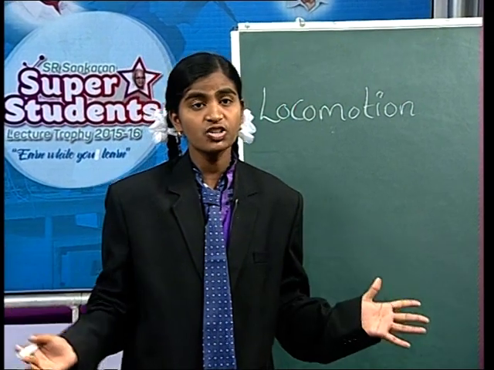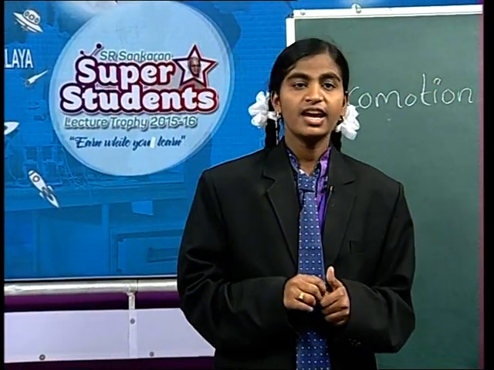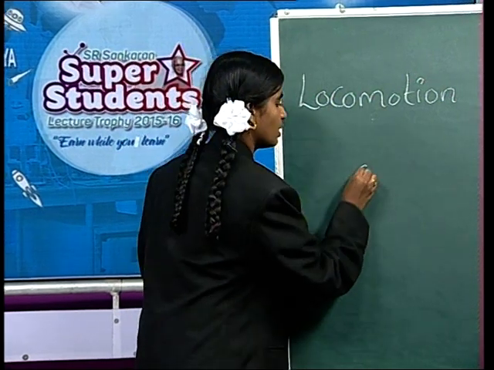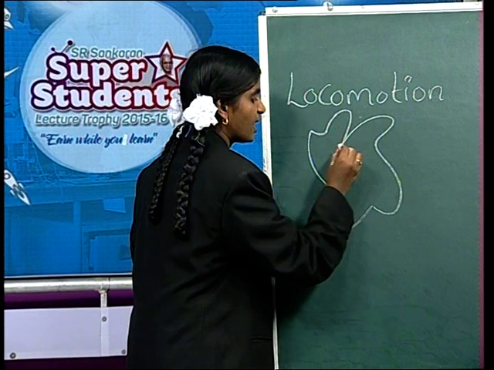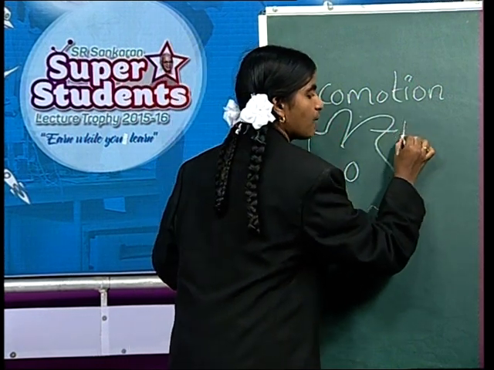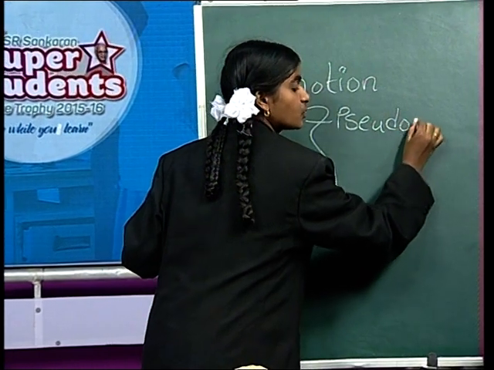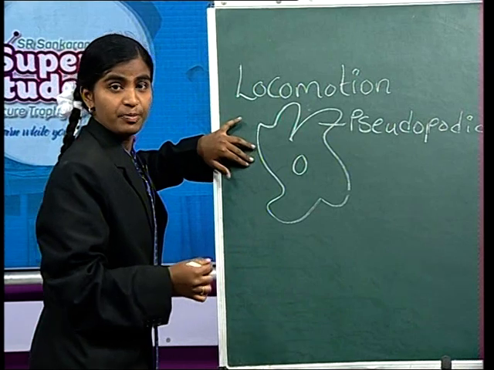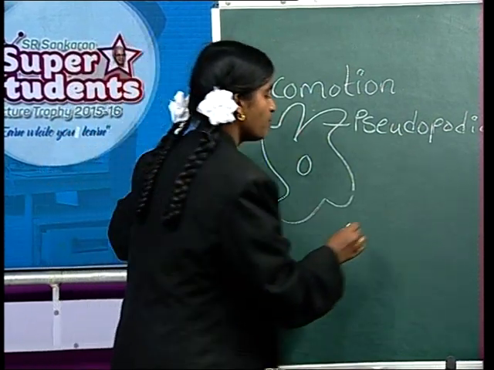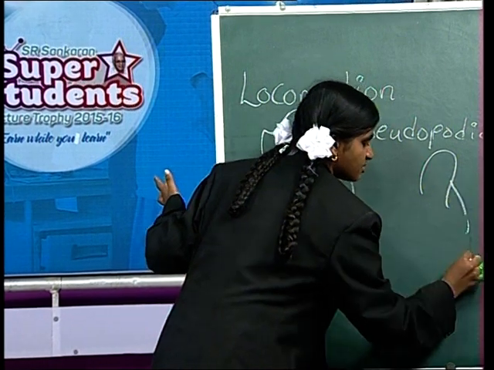Friends, locomotion can be exhibited by all organisms. Some of them are in amoeba. This is the amoeba. In the amoeba, by the help of pseudopodia, it can change its place. Pseudopodia is the locomotory organ in amoeba. Similarly, in paramecium, this is the paramecium friends.